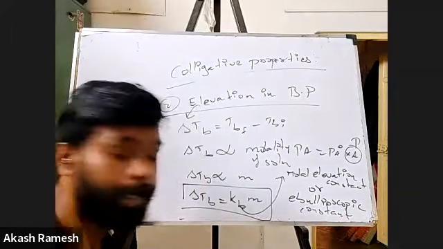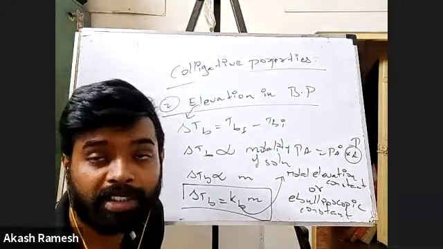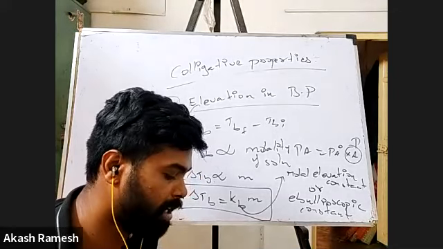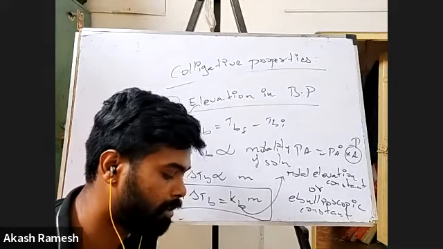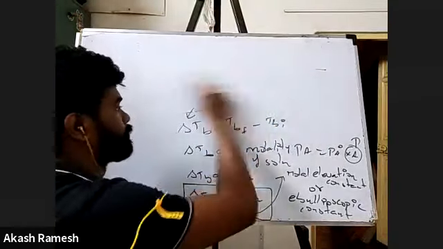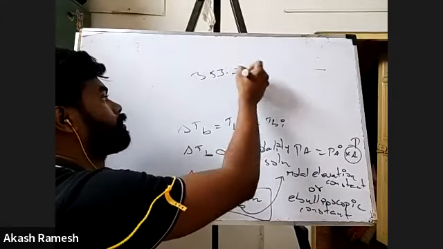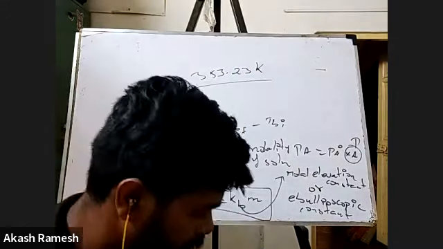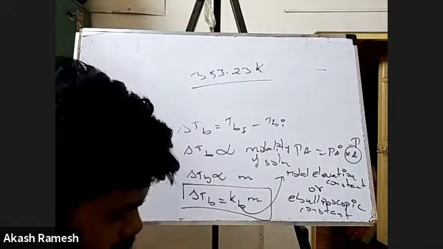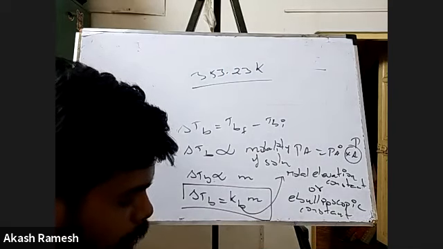The boiling point of benzene, the BP of C6H6, is 353.23 Kelvin.